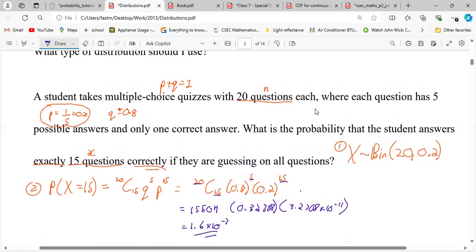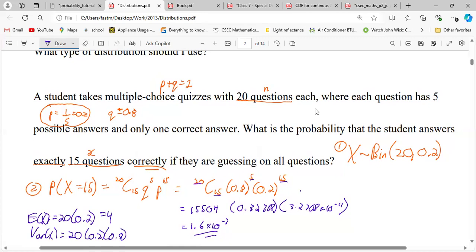It doesn't really ask too much more. If you wanted to get the expectation, it will be n, which is 20, by p, which is 0.2. So 20 by 0.2 is 4. The variance will be n, which is 20, by p, 0.2, by q, 0.8.